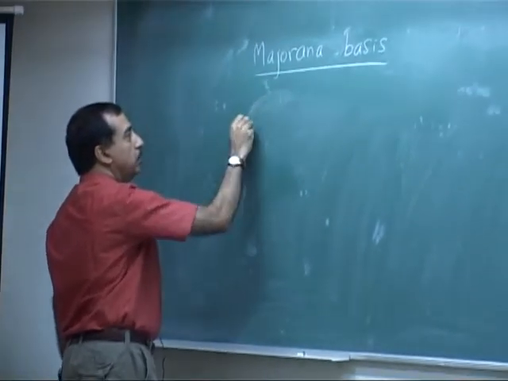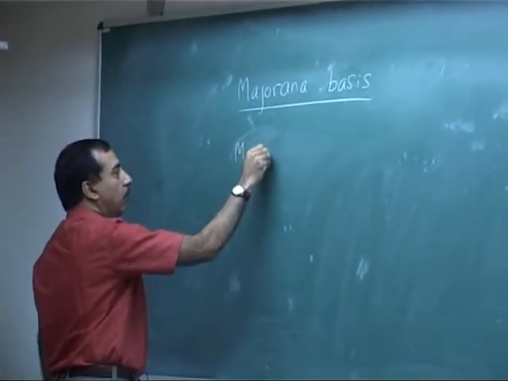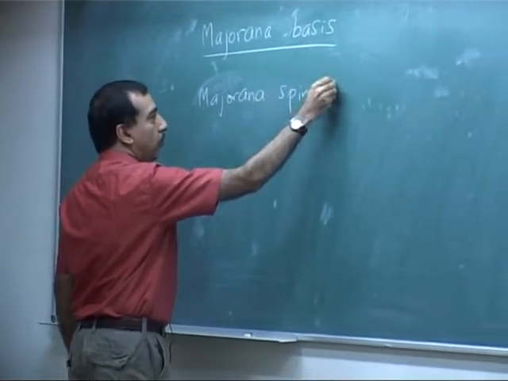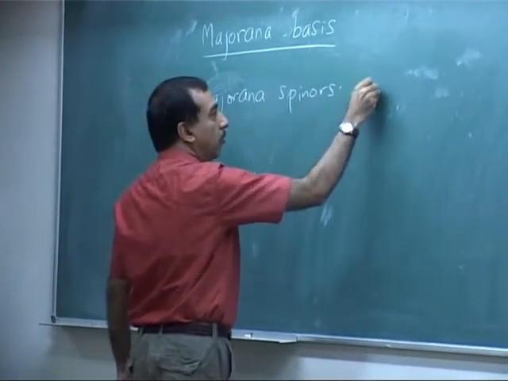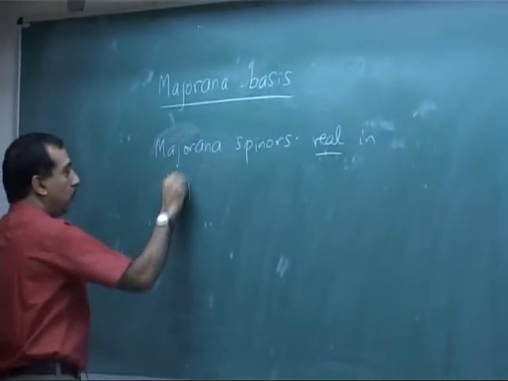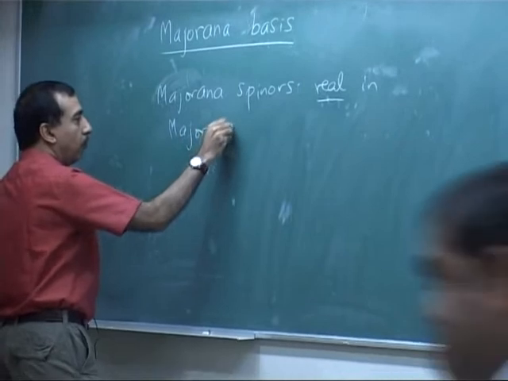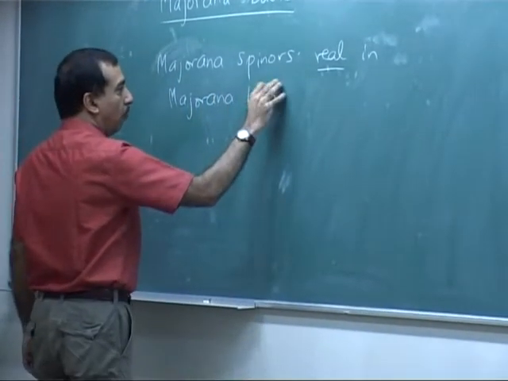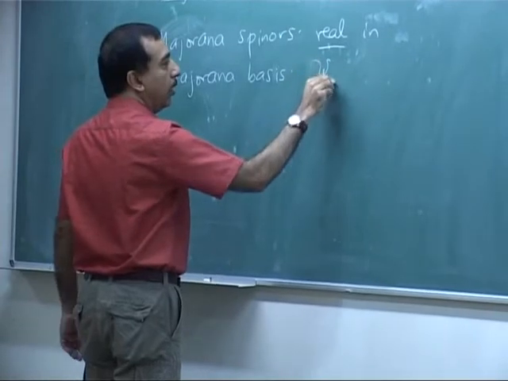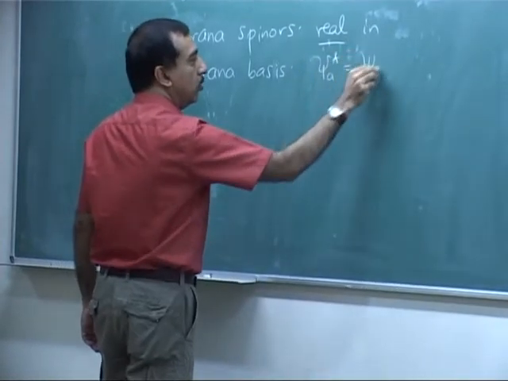So Majorana spinors are real in the Majorana basis. So psi star is equal to psi.